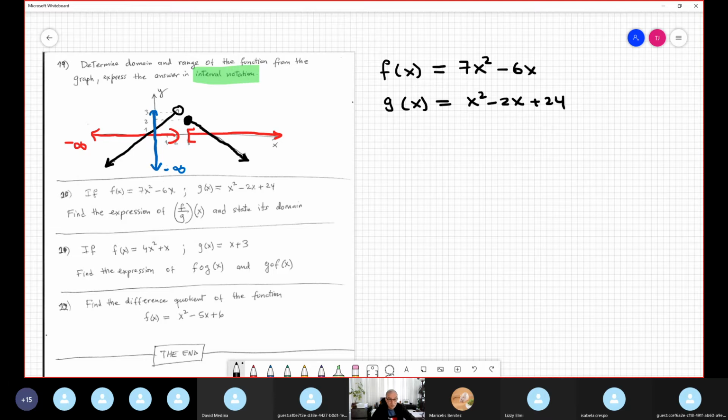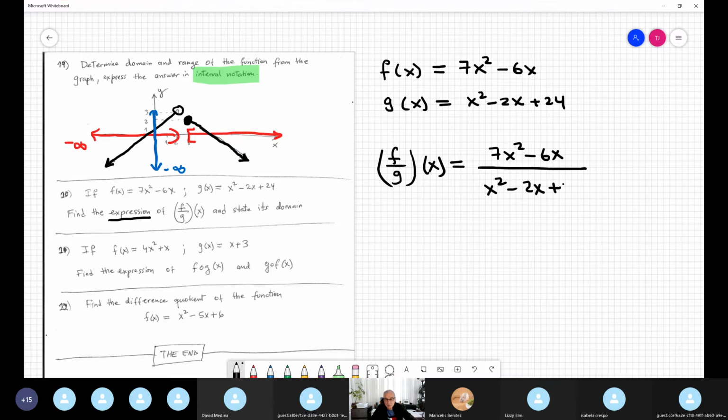And they want you to find the expression that represents f divided by g, super easy. It's just division: 7x squared minus 6x divided by x squared minus 2x plus 24.